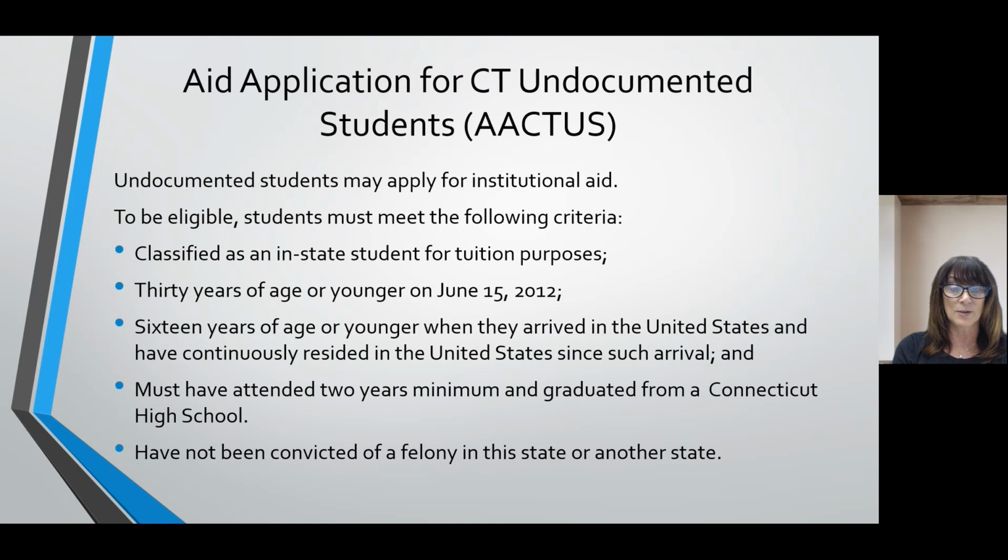They must be 30 years of age or younger on June 15, 2012, and 16 years of age or younger when they arrived in the United States and have continuously resided in the United States since such arrival. They must have attended 2 years minimum and graduated from a Connecticut high school, and finally have not been convicted of a felony in this state or any other state.